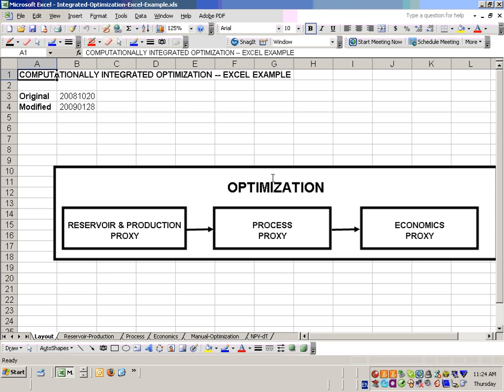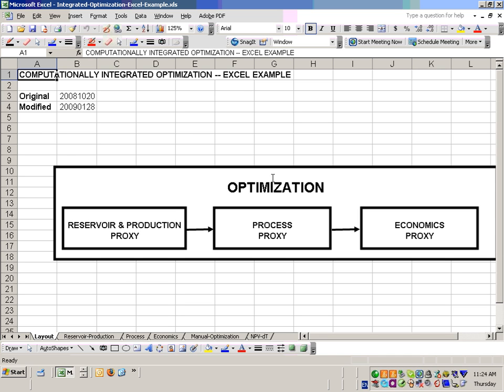How much gas liquids we obtain will depend on the temperature in this processing unit. If we have a very low temperature, we get very efficient extraction of the gas into liquid. If we have a higher temperature, then we don't get any liquids from the gas. So it's a very simple process model.